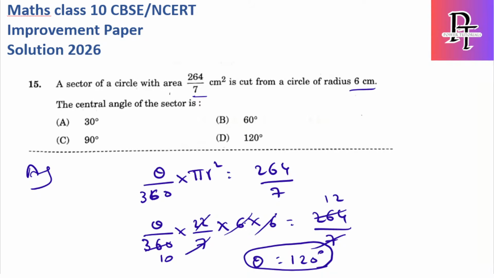So theta should be equal to 120 degrees. Okay, so the answer is D, which is 120 degrees.